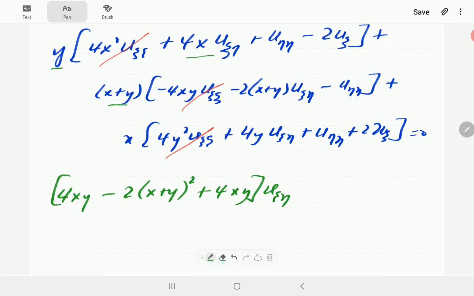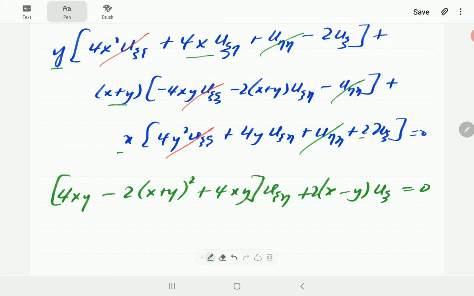Then the eta eta terms, there is y minus y from here, and then there is plus x minus x. So these cancel out. Then the first derivative terms, we have got plus 2x from here minus 2y from there, u_xi.